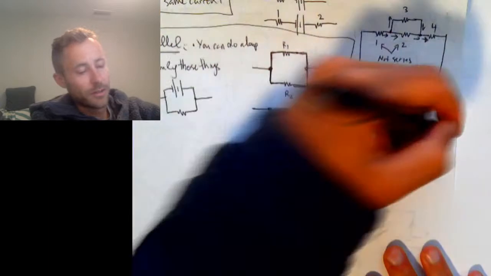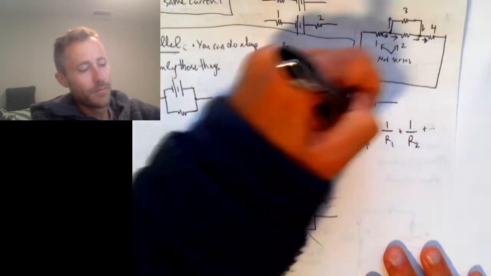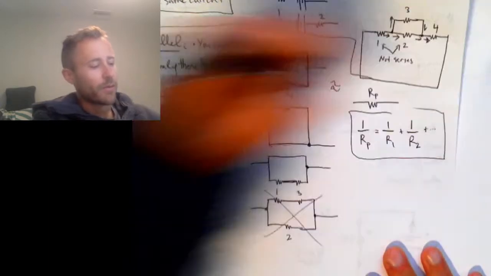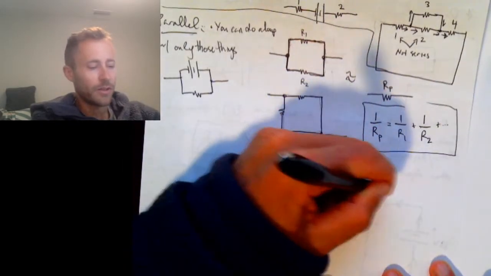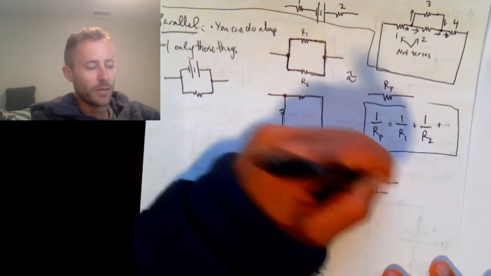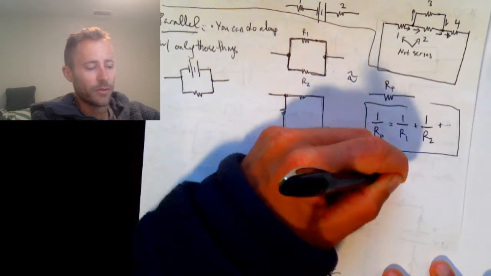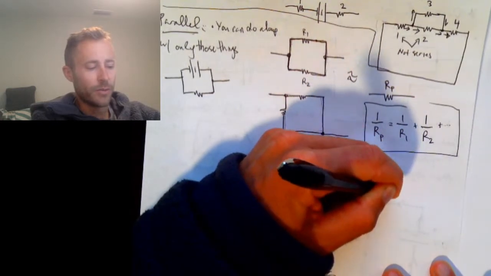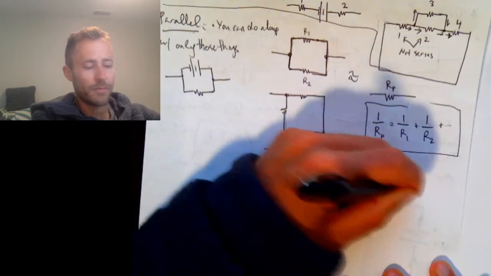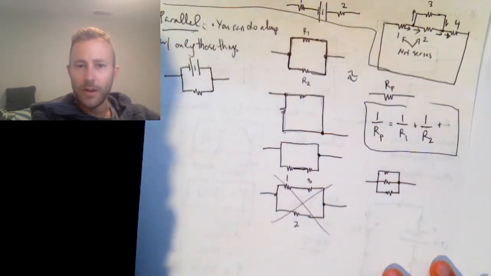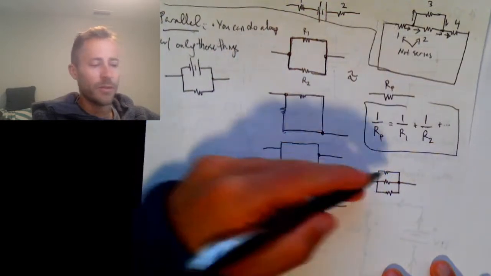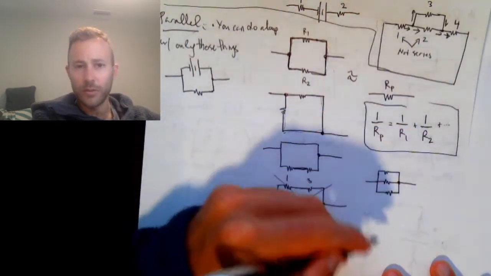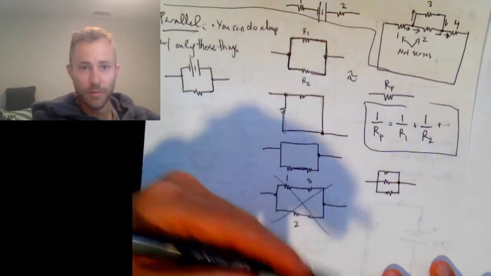And this pattern continues. You could have 3 resistors in parallel, which would look like the wire splitting into 3 parts, where any 2 of the resistors are in parallel. So that would be 1 over R1 plus 1 over R2 plus 1 over R3 equals 1 over RP.